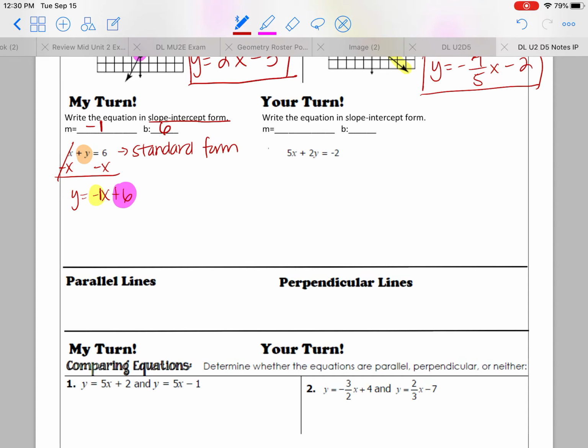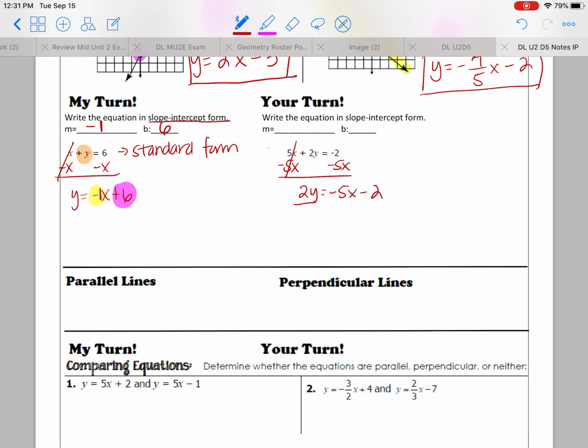Okay? Now your turn. So looking at this one, write the equation in slope-intercept form. And once again, we're given the equation of this line in standard form. So we need to cancel the x term. So this would give me 2y. We cannot combine negative 5 and negative 2, so list them horizontally.